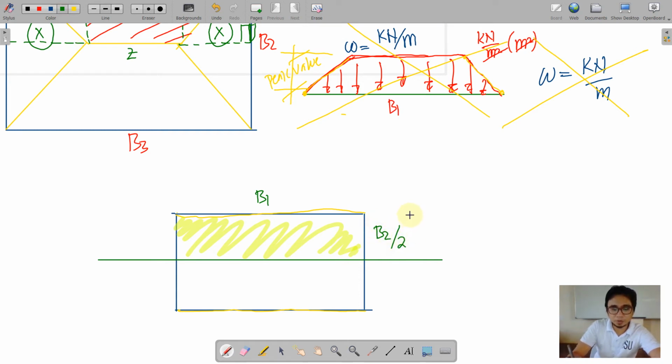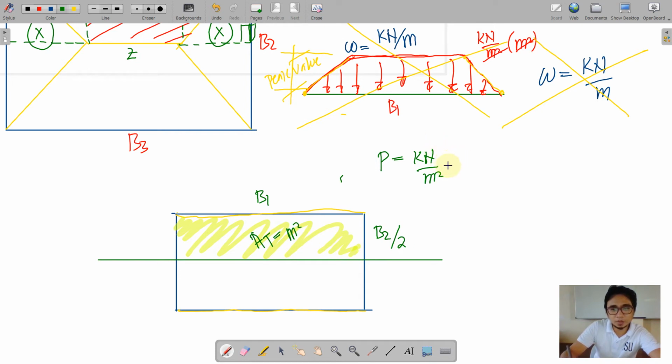So therefore, if we have a pressure, say the pressure is equal to kilonewton per square meter. So what we do is to compute for this tributary area. Tributary area is equal to B1 times B2 over 2. That will yield a square meter, of course.